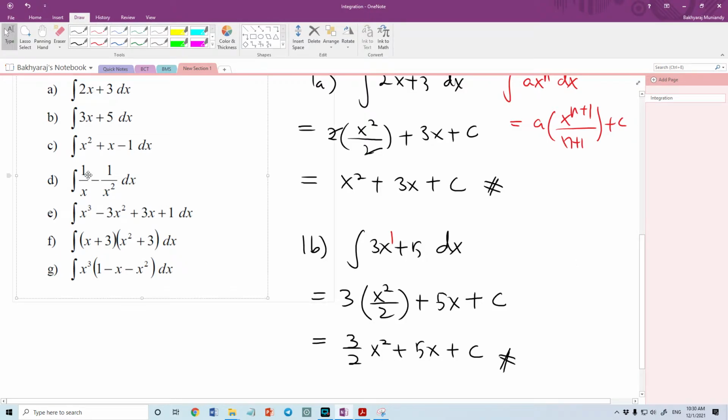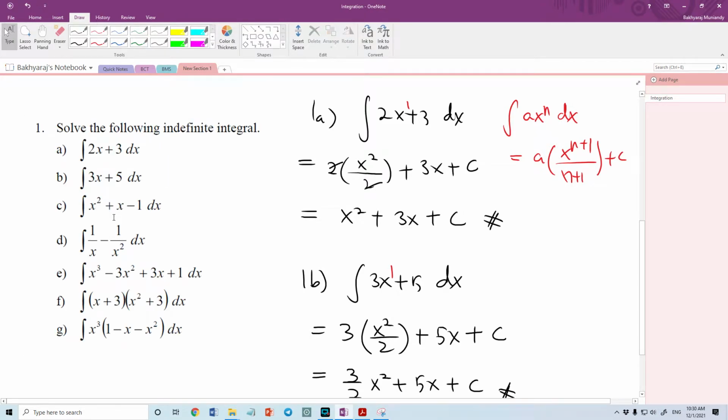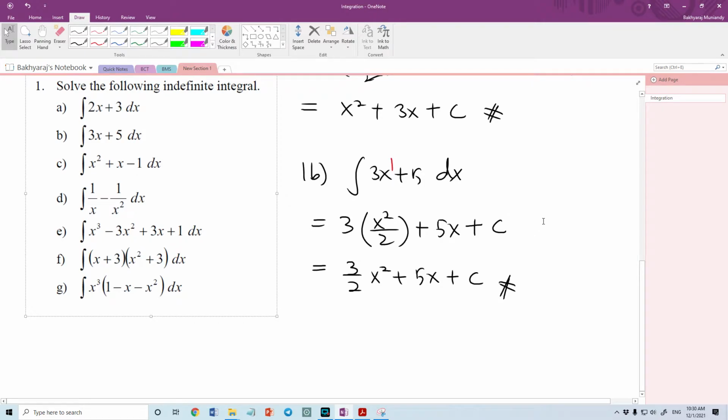Okay, next we continue with 1c. So 1c will be integrate x square plus x minus 1 dx.